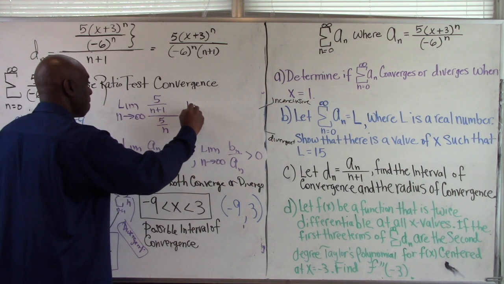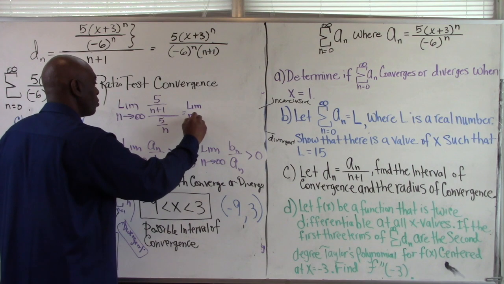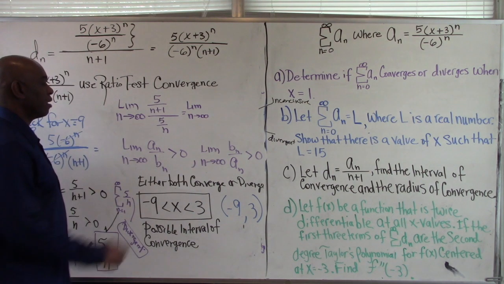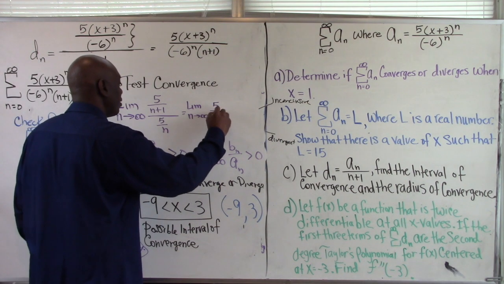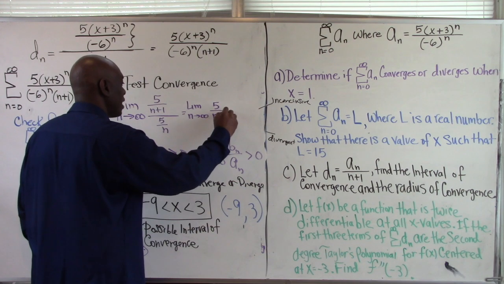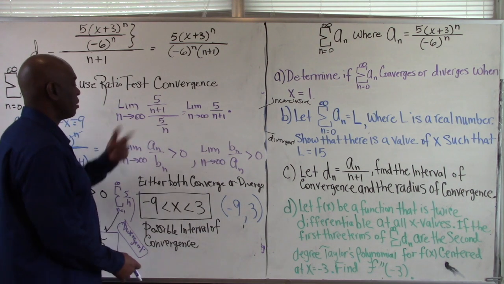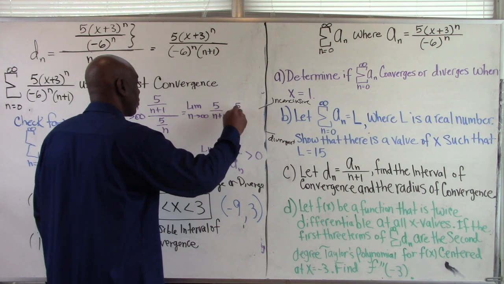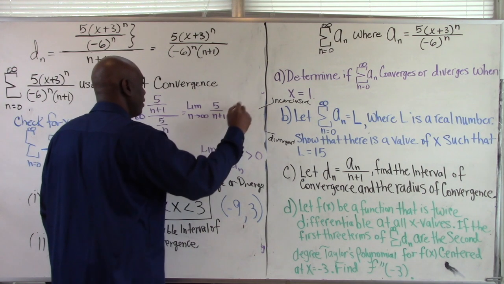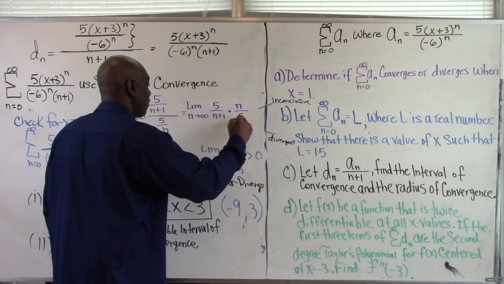equals the limit as n goes to infinity of 5 over n plus 1 multiplied by the reciprocal, n over 5.